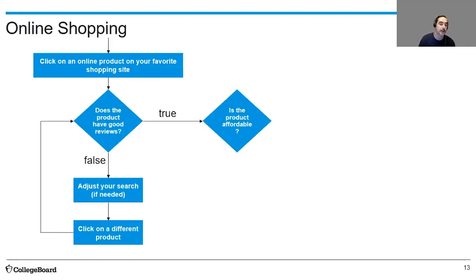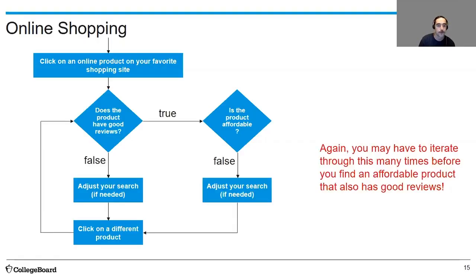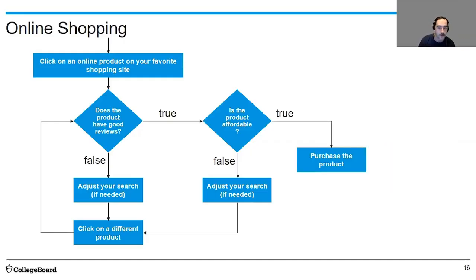What do you do if the answer is not true? What if it's false? Well, we probably adjust our search again, click on a different product, and start the process over again. So you can see the iterations of the loop happening here. Again, it might be several times before we find one that meets both conditions. And then when it's true, we'll purchase our product. So here's an example of an algorithm that uses iteration.